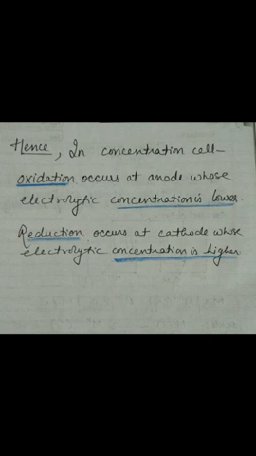So C1, the lower value, is the oxidation half cell, and C2, the higher value, is where the reduction will take place. Again, it is simple: oxidation will occur in the compartment where the electrolytic concentration is less, that is, C1 will have a lesser value than C2.